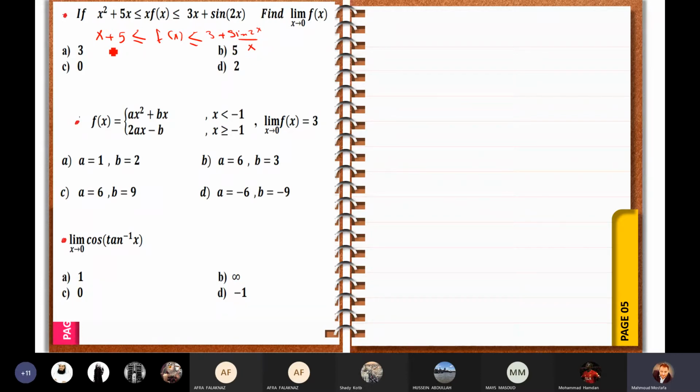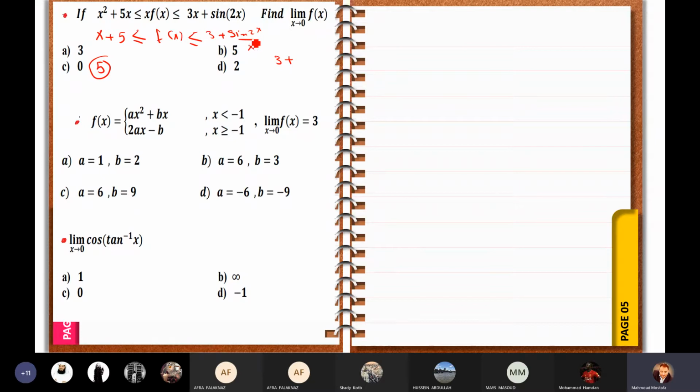Find the limit of the first one. Just substitute x is 0, so 0 plus 5 is 5. The limit here is 5. Now the last one. The limit of 3 is 3, a constant.